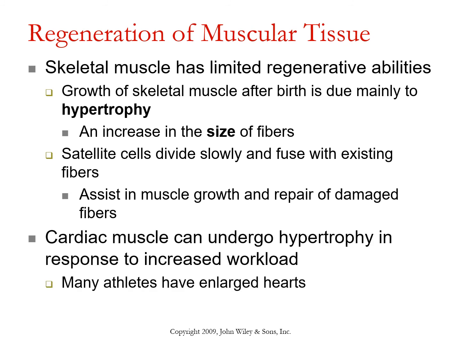Now, cardiac muscle is also considered highly differentiated and can undergo hypertrophy for growth, especially in response to an increased workload. Now, this can be healthy in those that undergo cardiac training. So many athletes have enlarged hearts, but that hypertrophy occurs slowly over time, and as the tissue is growing, the blood supply to the heart tissue is also increasing so that there is a balance.